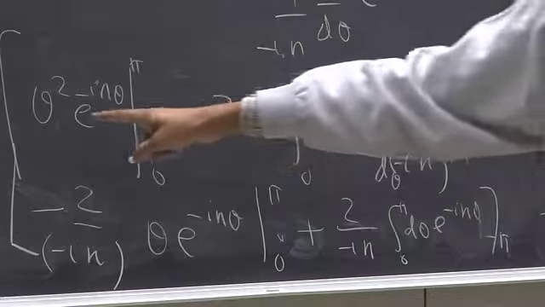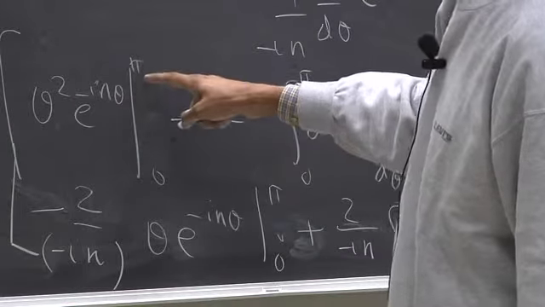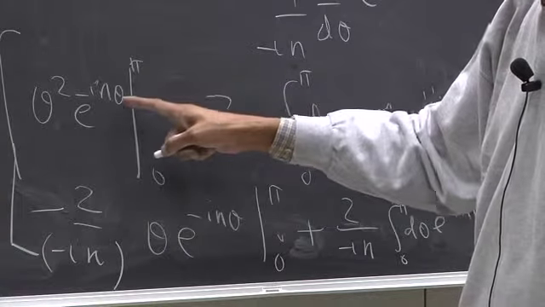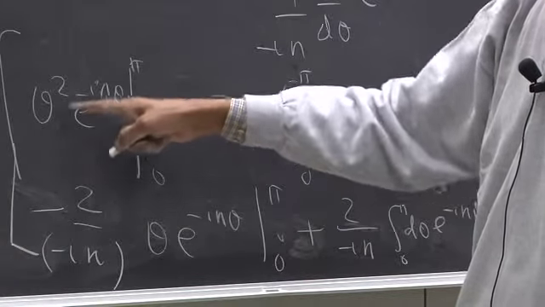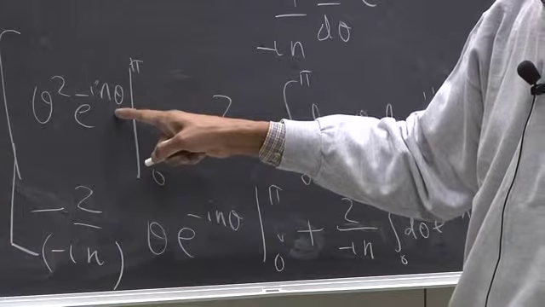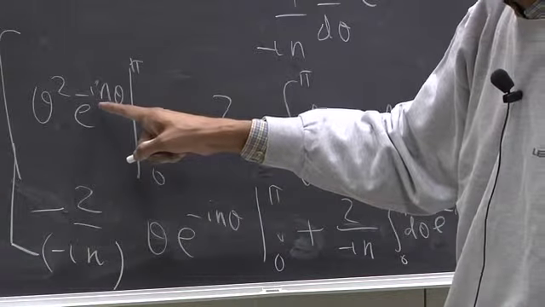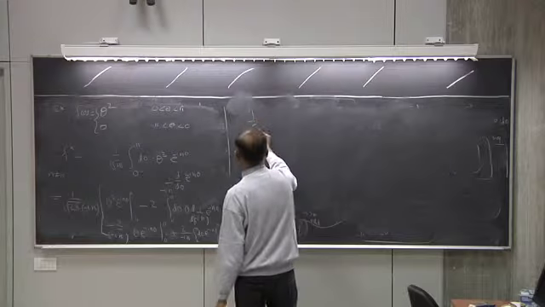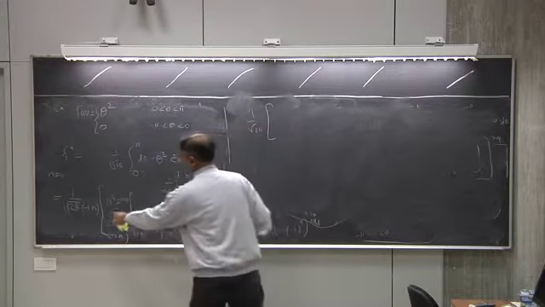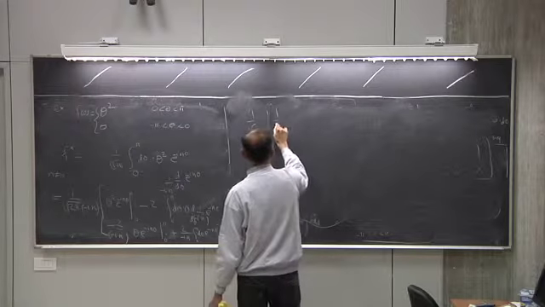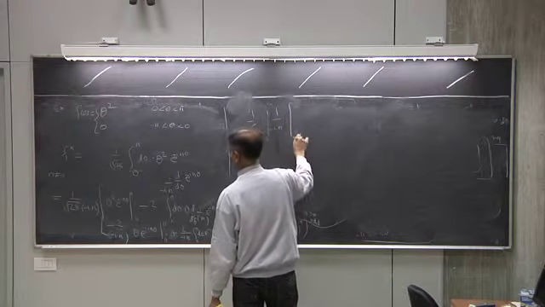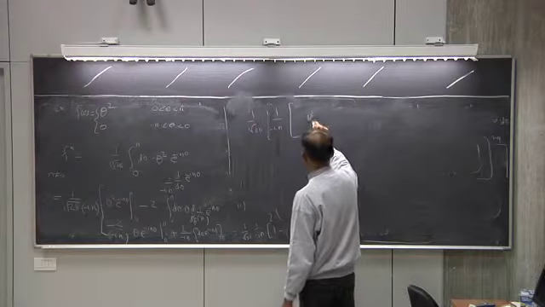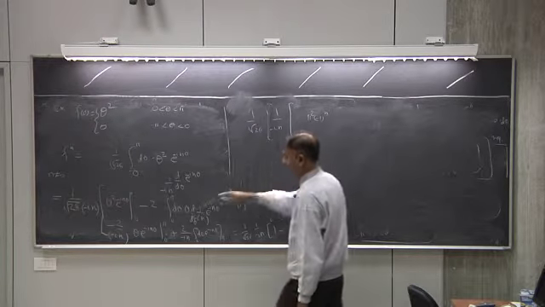So first of all, this one. So this one at theta equal to pi is simply minus 1 to the n. Okay. So there's a 1 over root 2 pi. Okay, there is a minus 1 over minus in, and here you get pi square times minus 1 to the n from there.